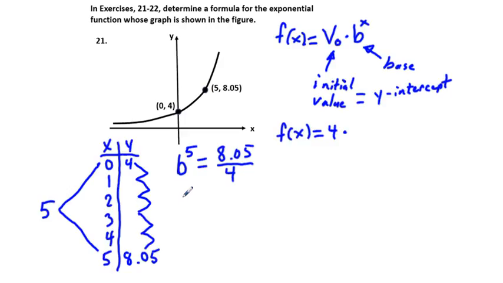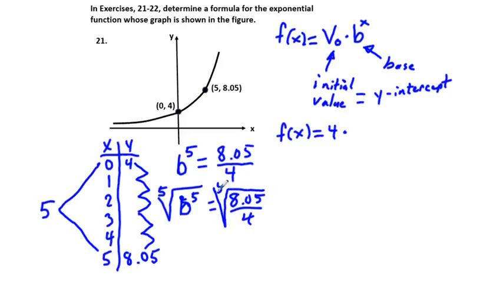And so, again, to kind of work out below, I'm going to put b to the 5th down here, just to leave room for the operation. B to the 5th equals 8.05 over 4. And what do we do to isolate b, to get b by itself? Well, we take the 5th root. And when we take the 5th root, that cancels out to the 5th power. But on the right side, using the golden rule of algebra, we need to do the same thing.